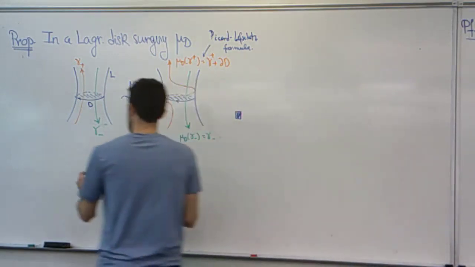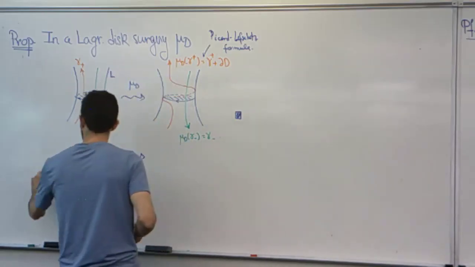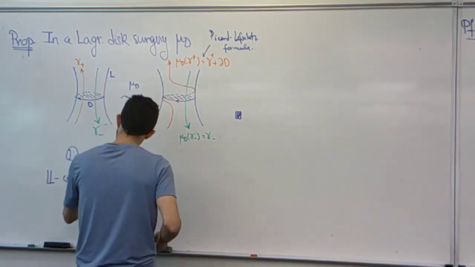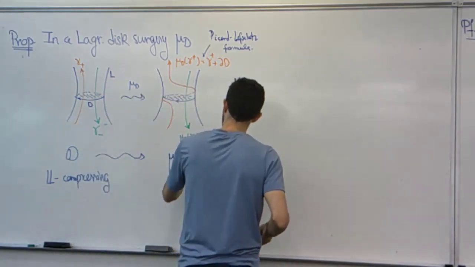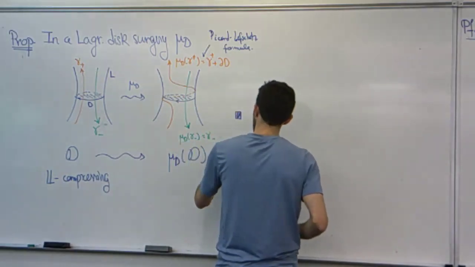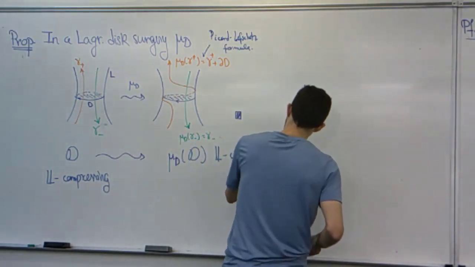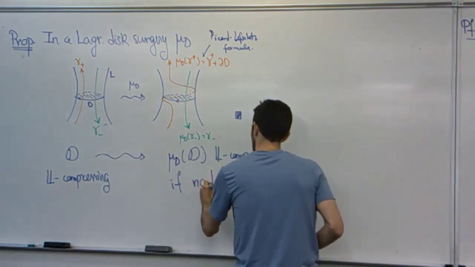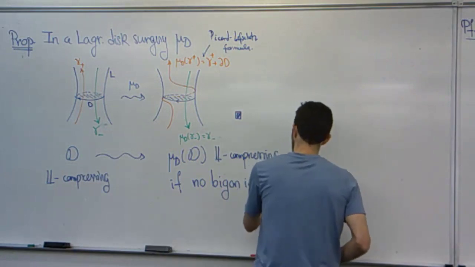change. So an uncompressing system here, D, stays uncompressing under mutation, μ sub D of this is uncompressing if nothing bad has happened. So if, that is the big if, no bigons in the original.